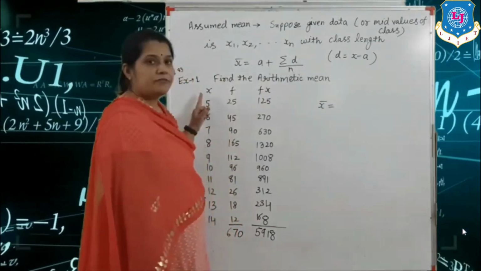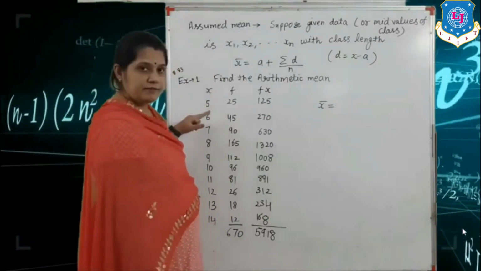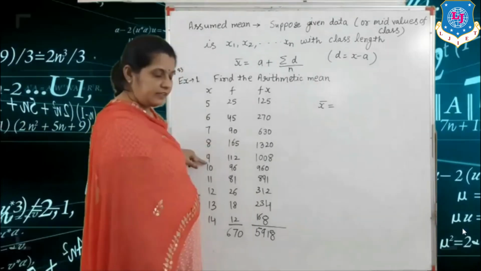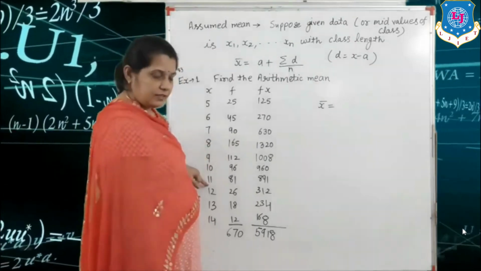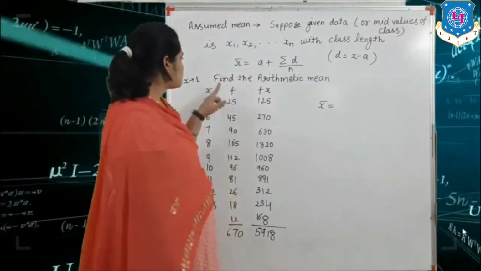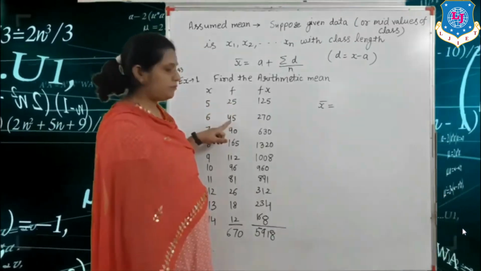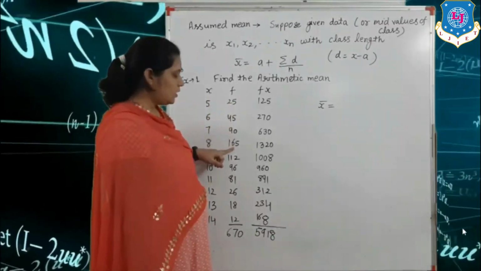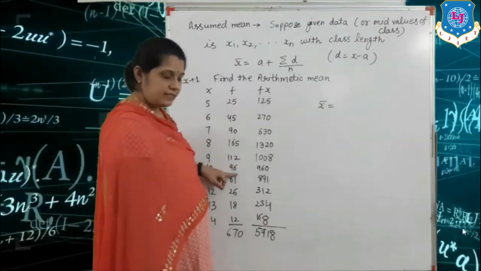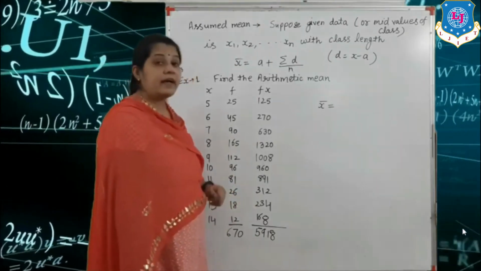Here we are given the value of x: 5, 6, 7, 8, 9, 10, 11, 12, 13 and 14. And the corresponding value of f is 25, 45, 90, 165, 112, 96, 81, 26, 18 and 12.